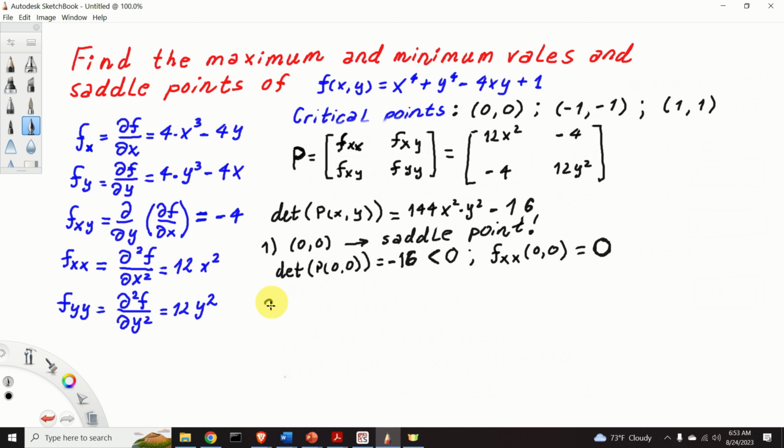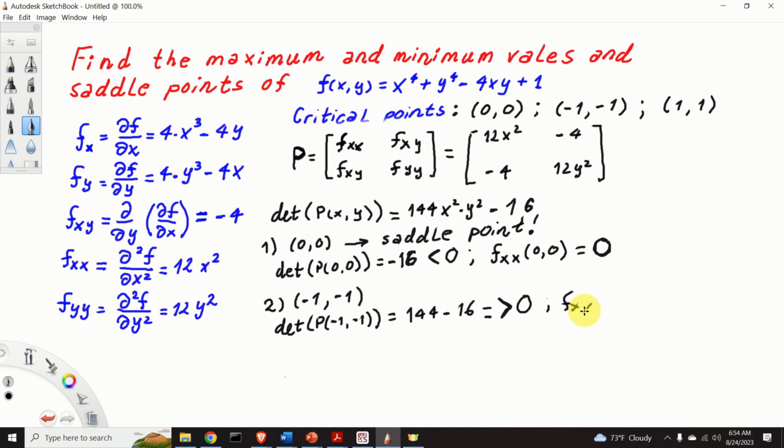Good. How about the second case? Critical point is minus 1, minus 1. Let's see. Determinant P of minus 1, minus 1 is obviously, let's see, 144, good, minus 16. And I don't even need to calculate the result. I can immediately see that this is larger than 0. Good. So the point is definitely not the saddle point. However, we still need to see this term.